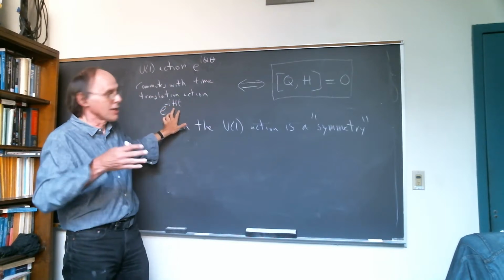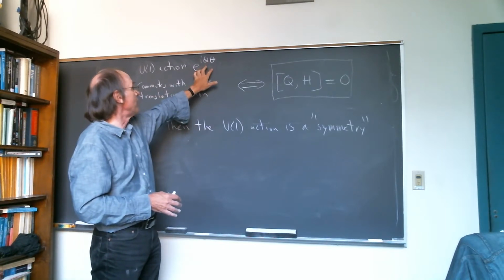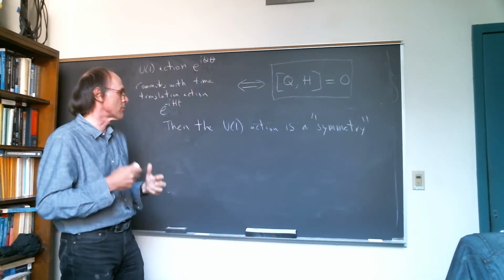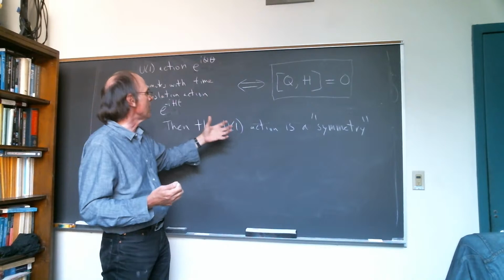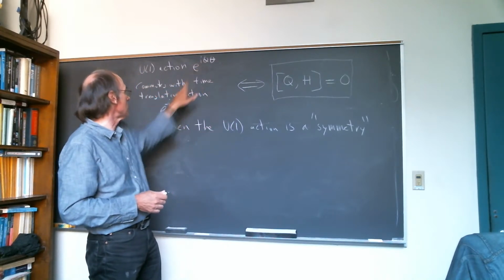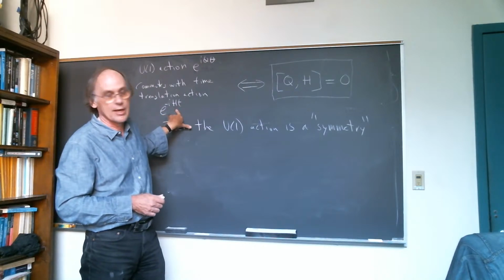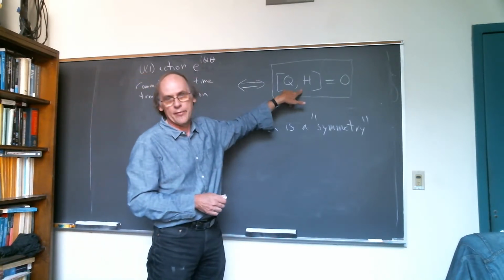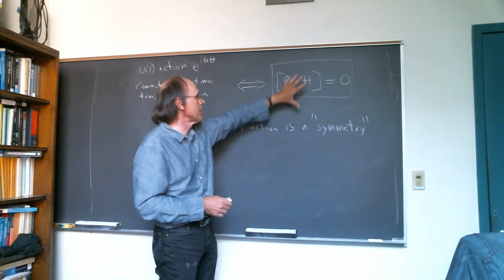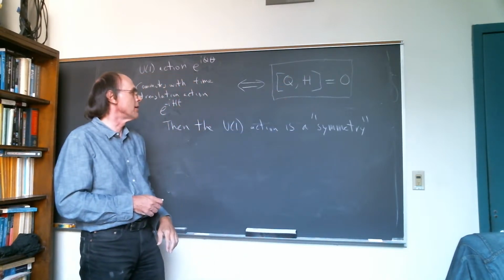The action of time translation doesn't interfere at all with the way the group acts. They're two independent things, and that's when you really do have a symmetry. This is a special condition on the Hamiltonian, and we're going to see this very often, but I wanted to say this.